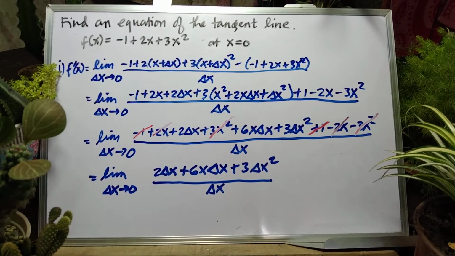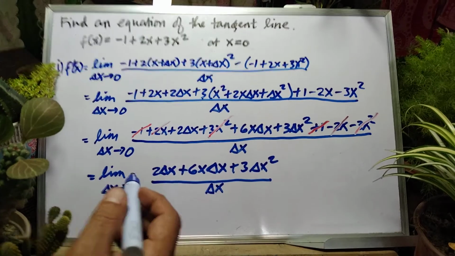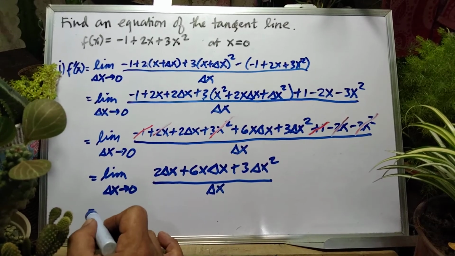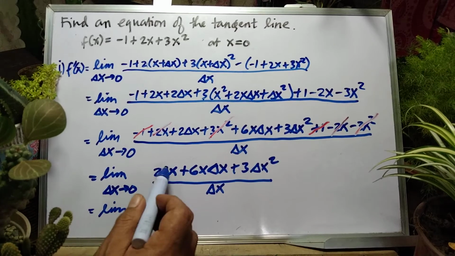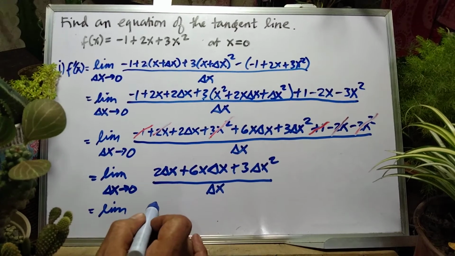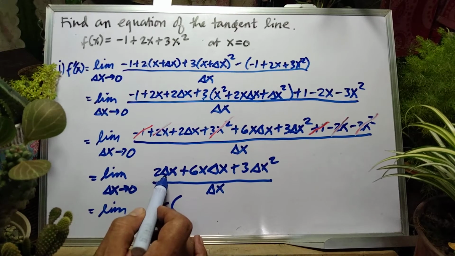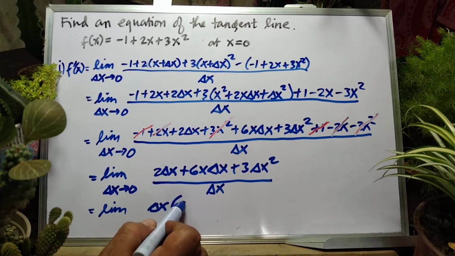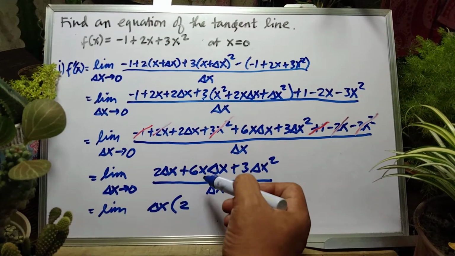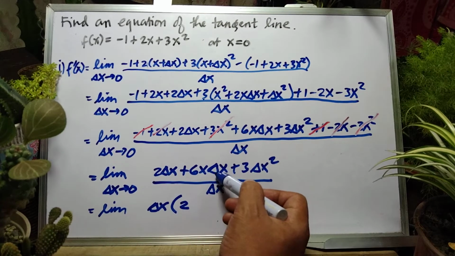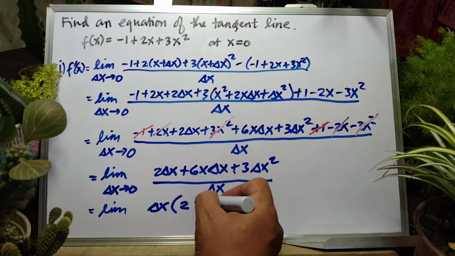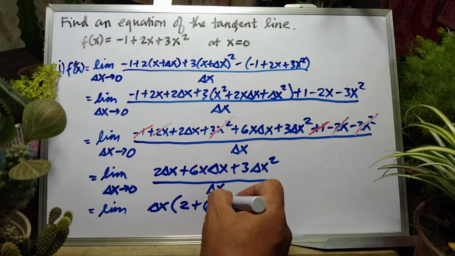Okay? Now, look at the numerator, class. Unsay common to each term? Diba, delta x? So, we factor out, we remove out delta x. So, the limit, ipagawas delta x from each term. So, delta x, parenthesis, unsa na ang mabilin sa 2 delta x? Kung magawas ang delta x, 2 na lang siya. Diri sa second term, kung ipagawas ang delta x, ang mabilin, 6x na lang.